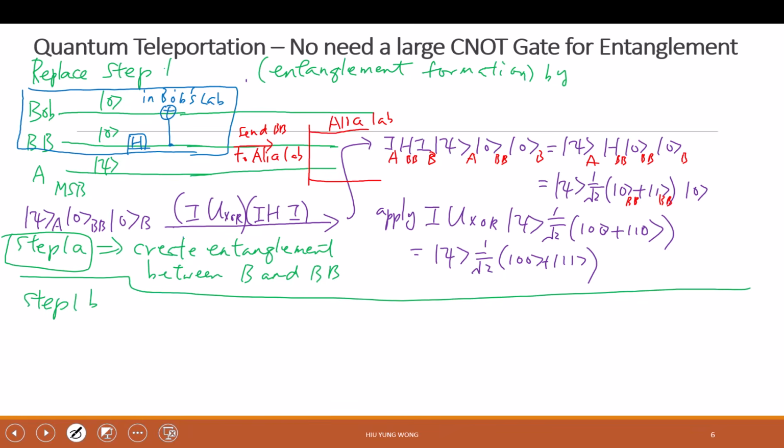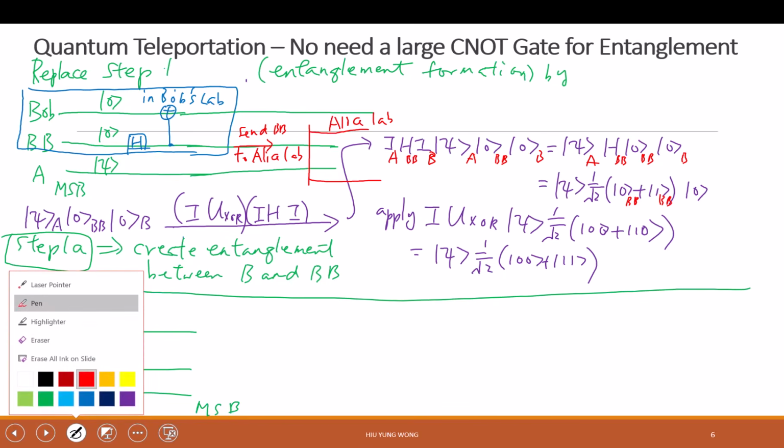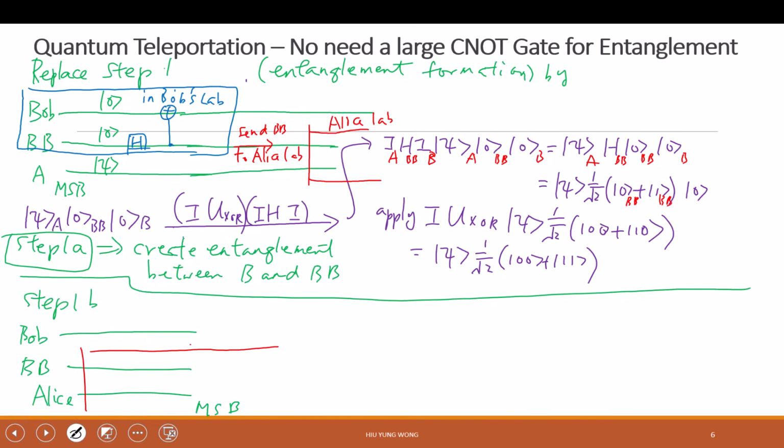So at this stage, let me repeat. This is Bob. And this is BB. And this is Alex. This is still MSB, but now everything is in Alex's lab.